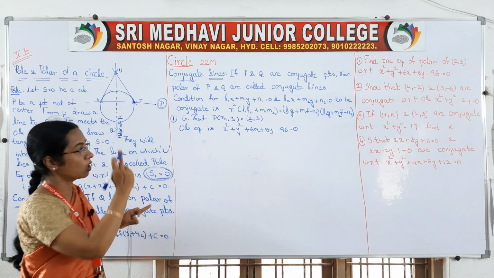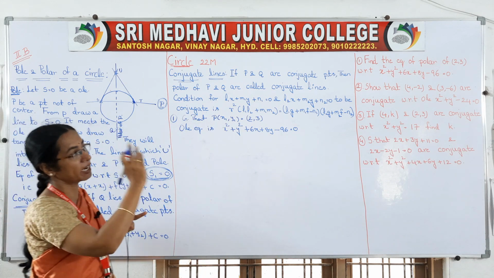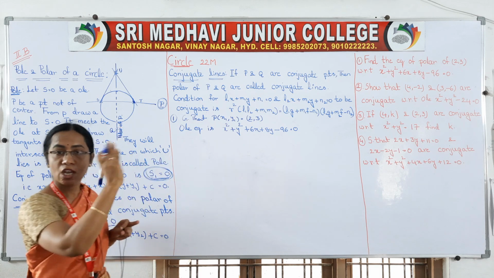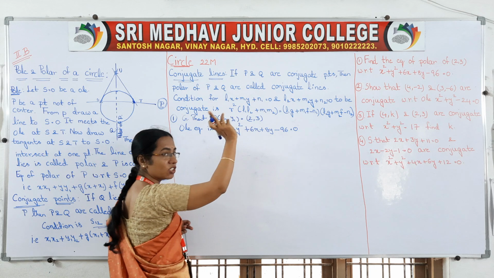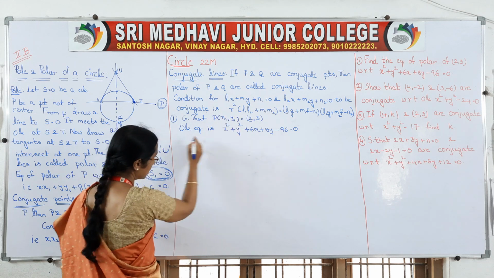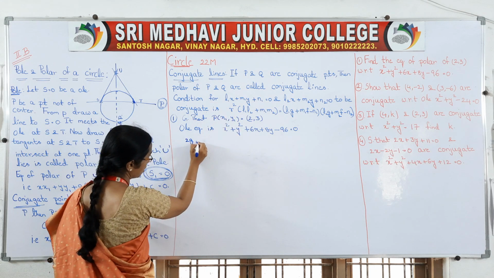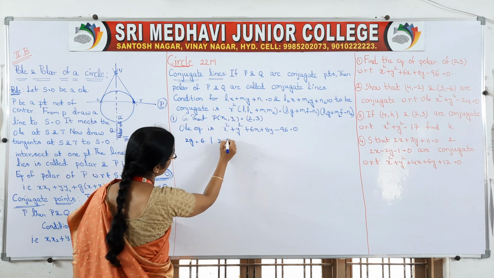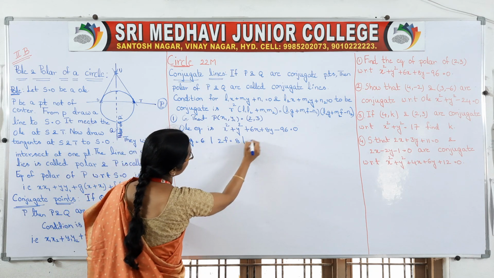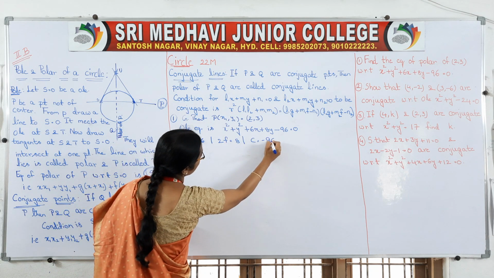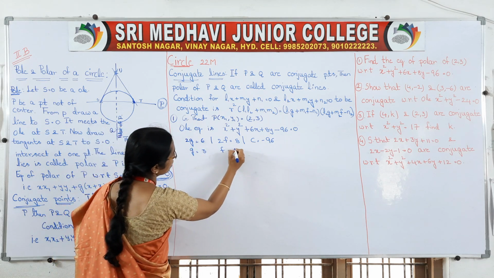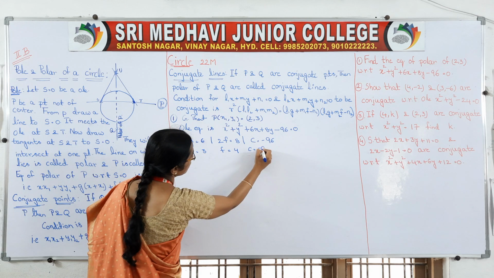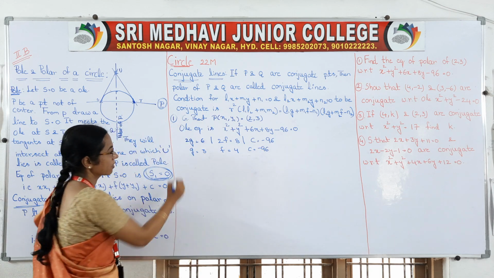The question is to find the equation of the polar. To write the polar equation, we need x1, y1 and the g, f, c values. So compare this with your general equation. 2g is equal to 6, 2f is equal to 8, c is equal to minus 96. So g is equal to 3, f is equal to 4, c is equal to minus 96.